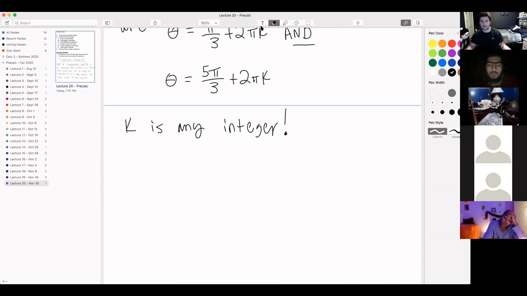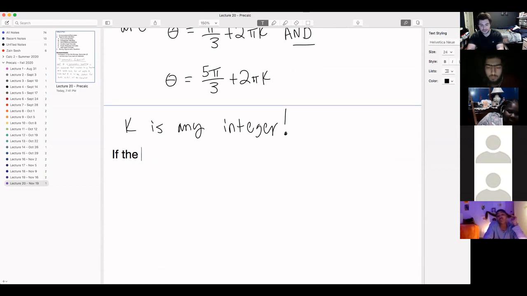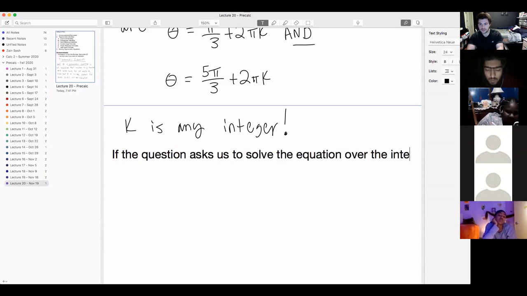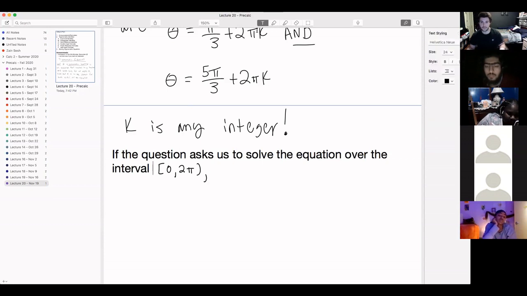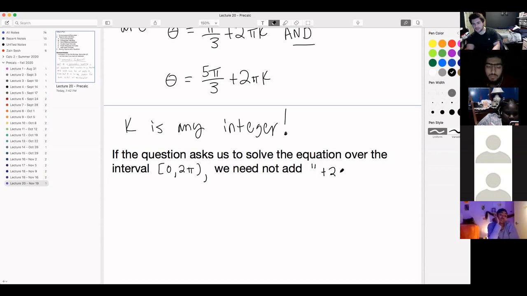If the question asks us to solve the equation over the interval 0, 2 pi, we need not add plus 2 pi k to our solutions.